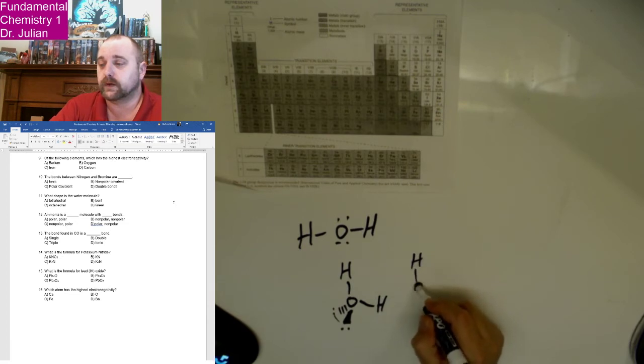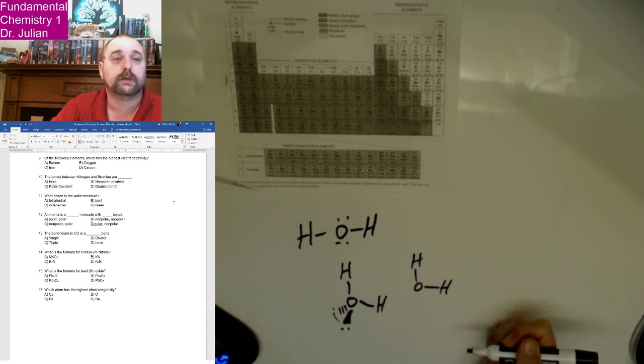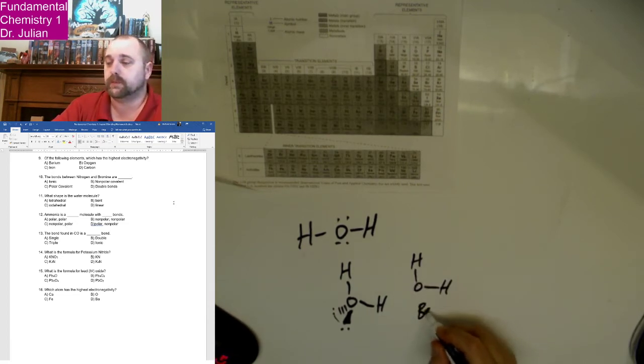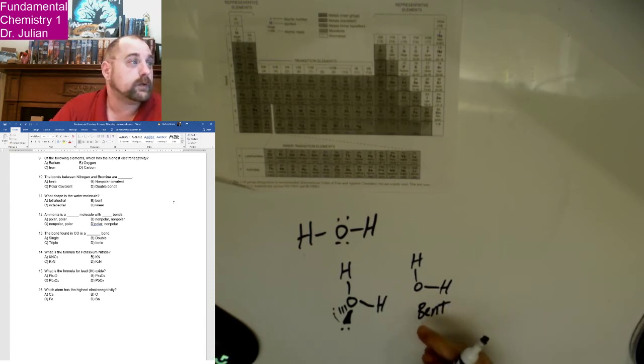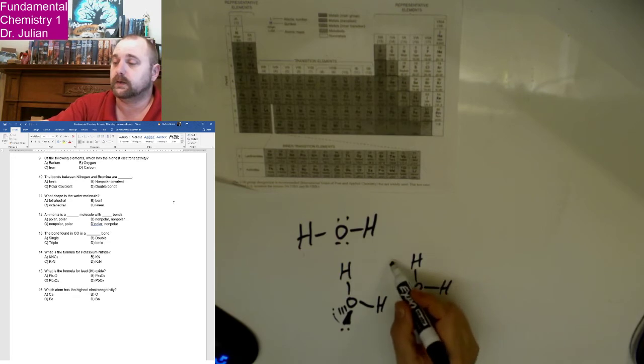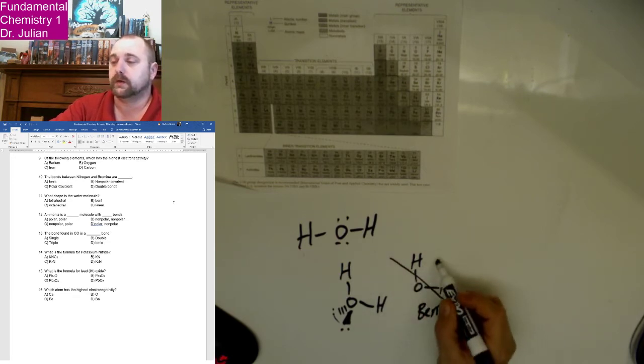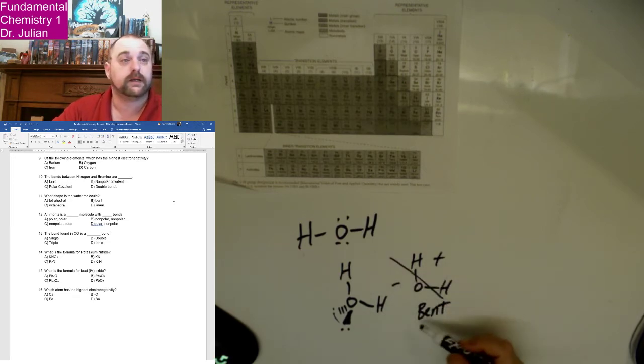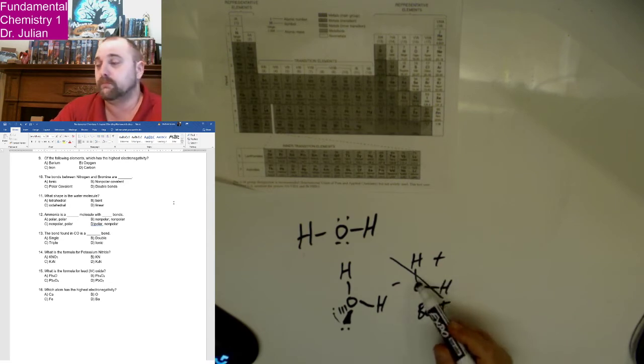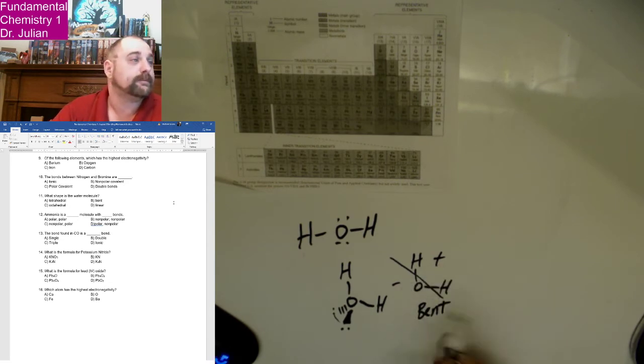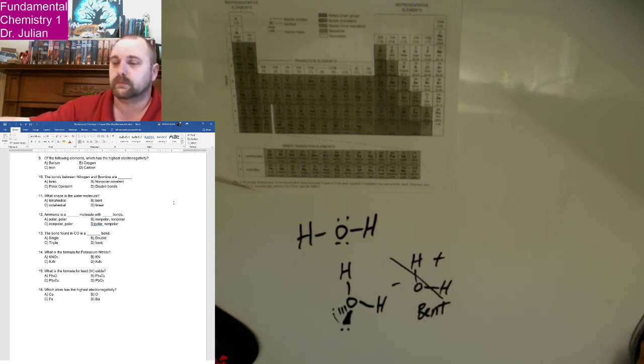So we're going to erase those, and we get this shape, which is bent. So what shape is the water molecule? It's bent, and it is polar. This side is positive, this side is negative. And so that's what makes it polar, is the fact that it's bent. All right, so bent.